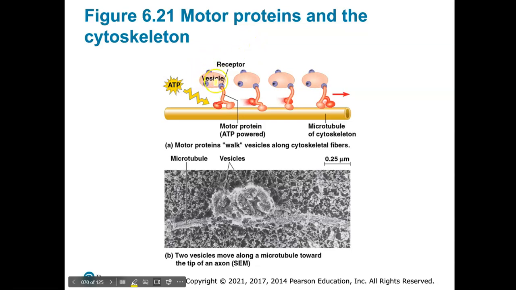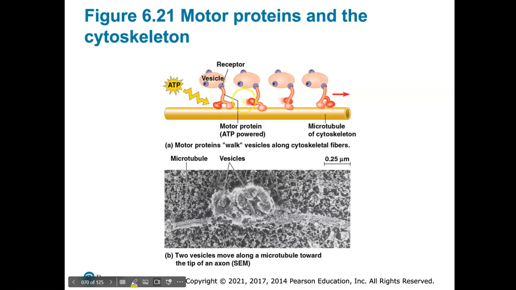All right, so this is a vesicle that has to move through the cell. An ATP has to bind in order for this process to work. You have this microtubule, or thick filament, and your vesicle attaches to a motor protein, which is powered by ATP.